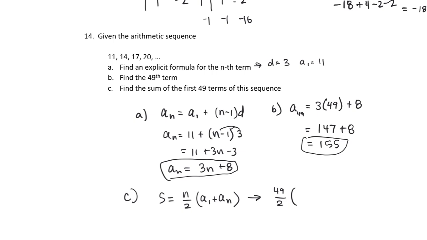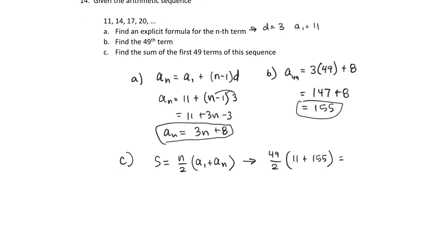The first term is 11, and then the 49th term we just found in part B is 155. So that's going to be 4067.